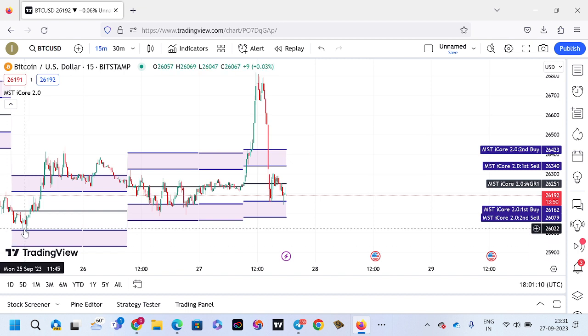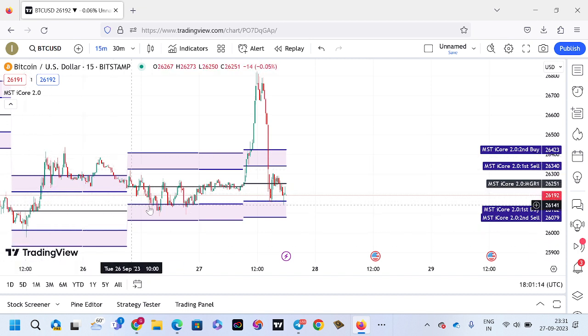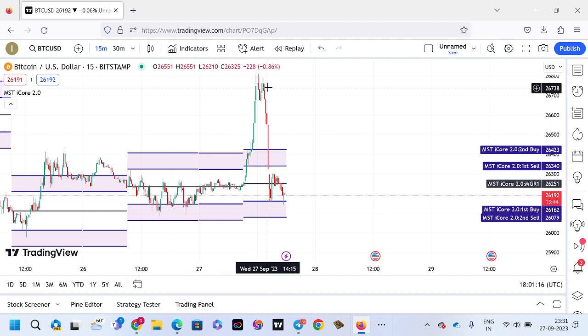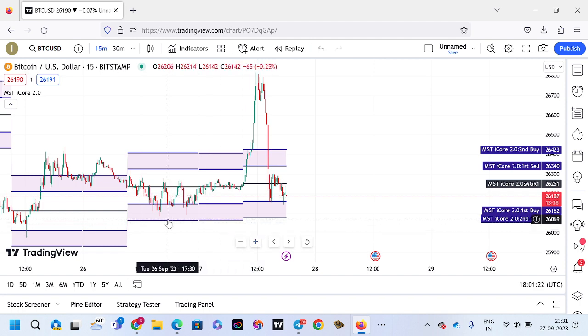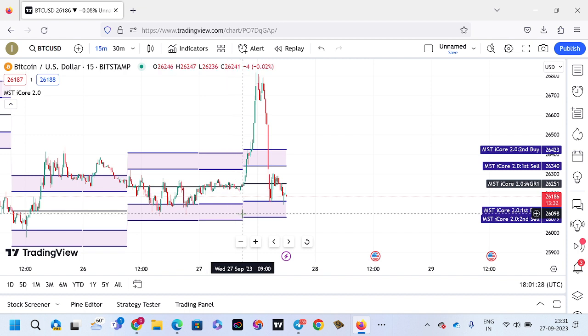So yesterday buy activated, all targets get. If buy activated, there is no sell. See here, buy activated, how much profit it has given. This is the international market, 24/7. It will be working. So let us see, 9 o'clock. Then when the market has opened, 9:15, immediately next day market has opened.